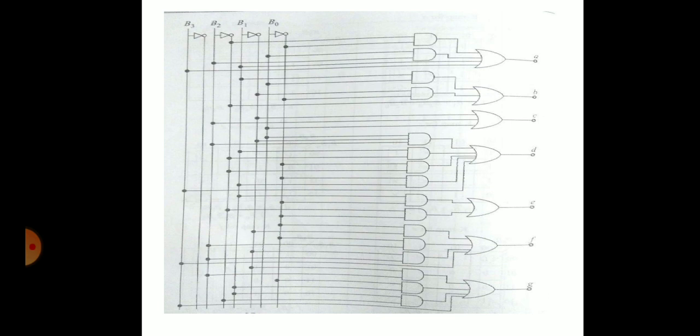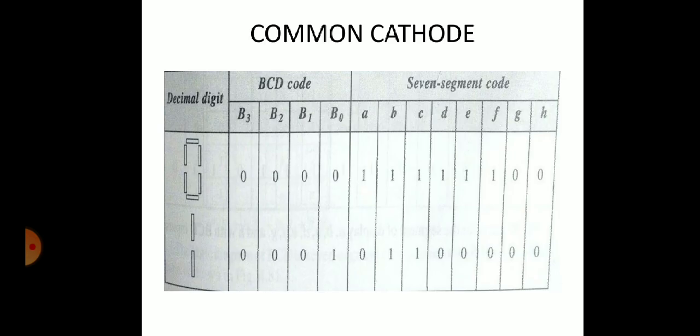And then common cathode type, just the reverse. For common cathode type, the LEDs which will blink, it will be represented using 1, and which will be off, it will be represented as 0, and H always will be 0 for common cathode type.